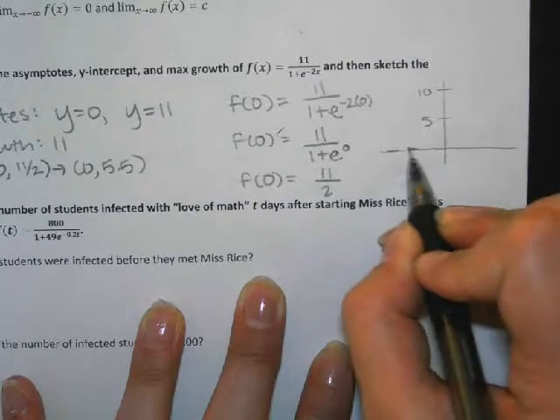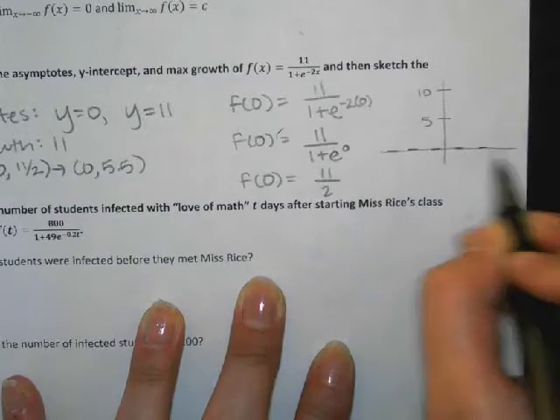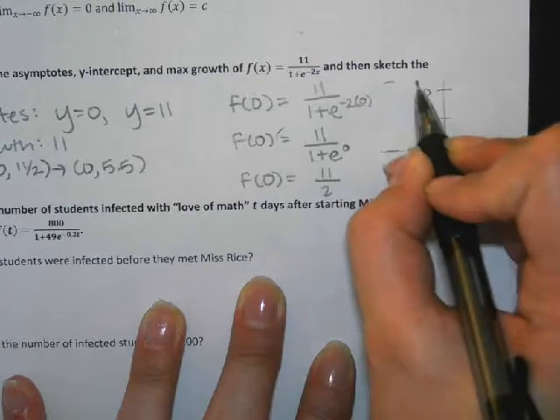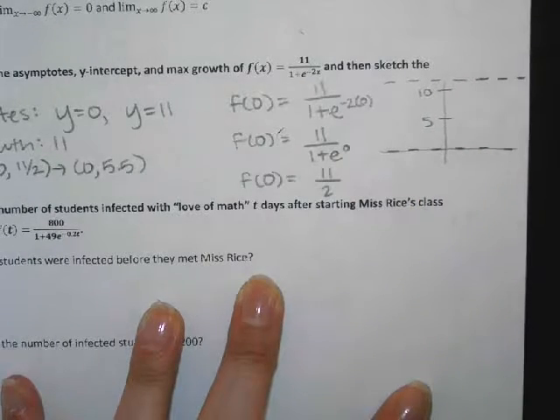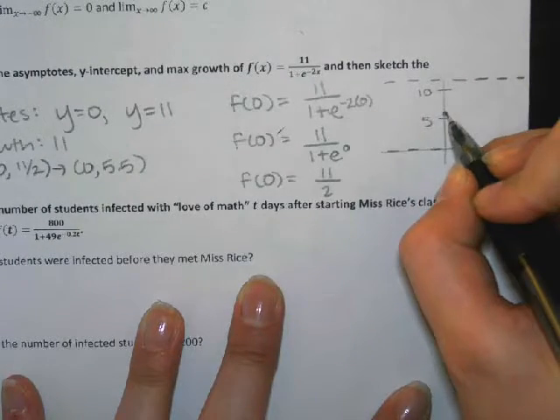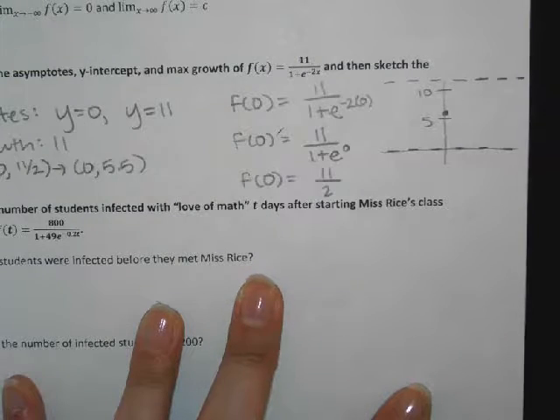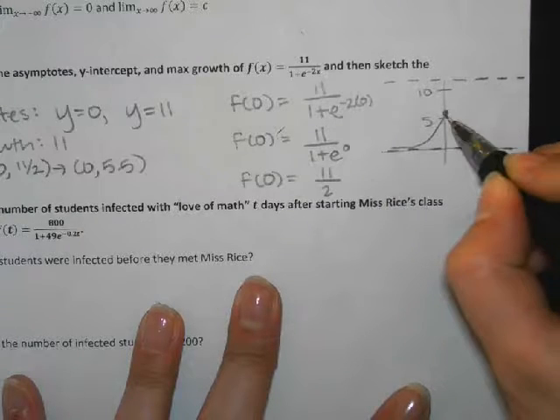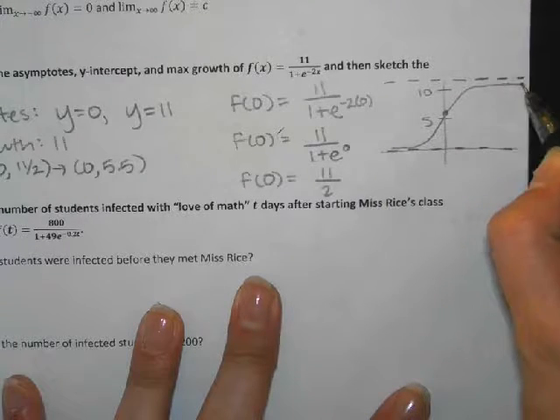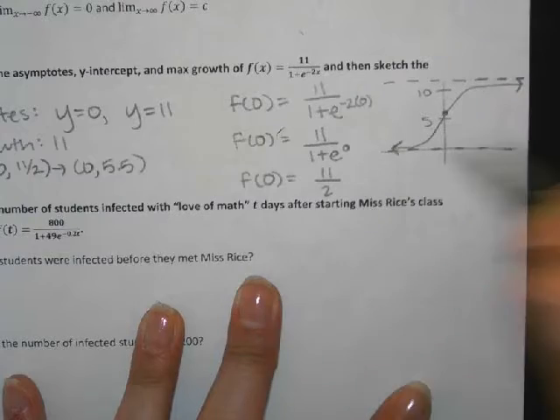I have a horizontal asymptote at 0. I have a horizontal asymptote at 11. I have a y-intercept at 5.5. And I know it follows the asymptote, it grows pretty steeply, it levels off, it follows the asymptote. That's a logistic function.